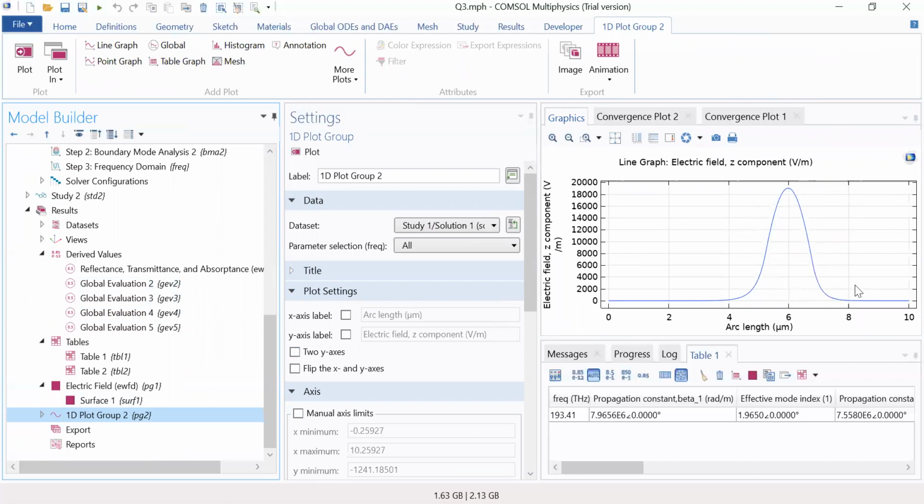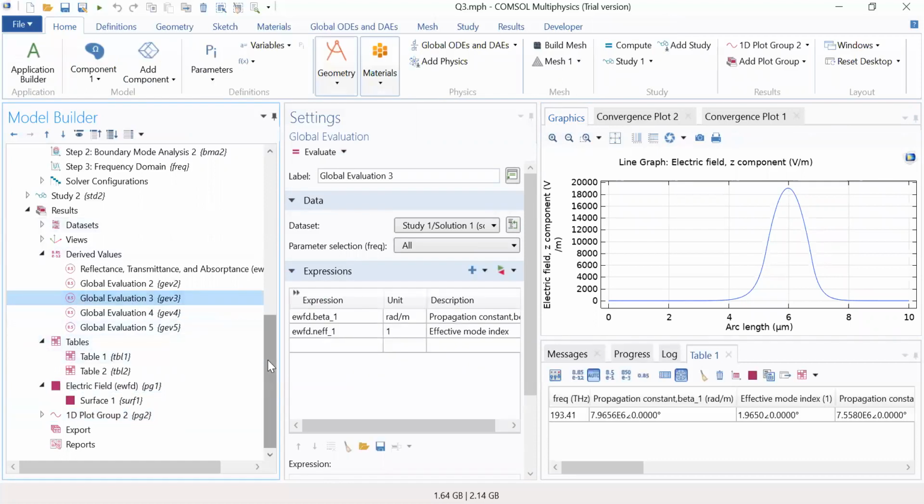Even in the fundamental mode, it is leaking energy. We can see the propagation constant from here. We just have to notice this propagation constant, 7.96, in the fundamental mode.